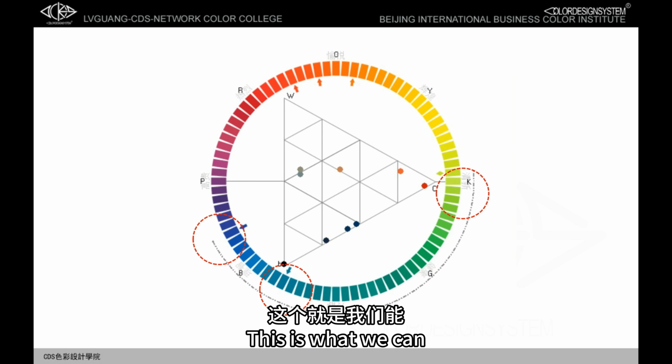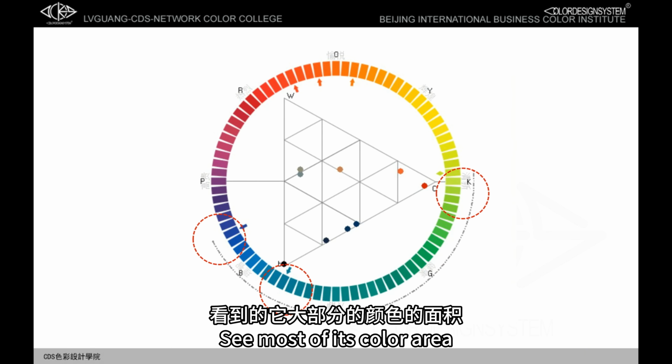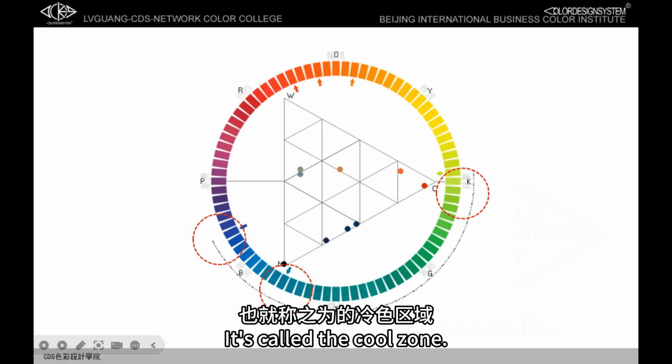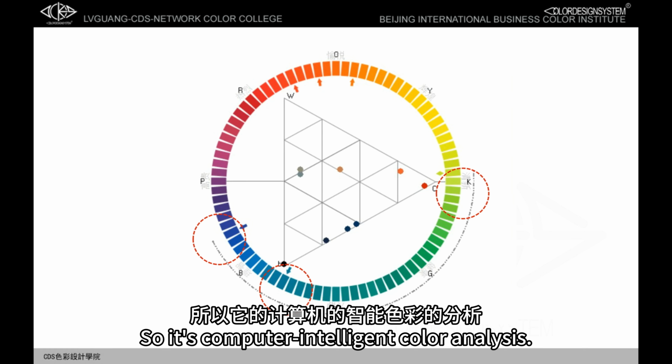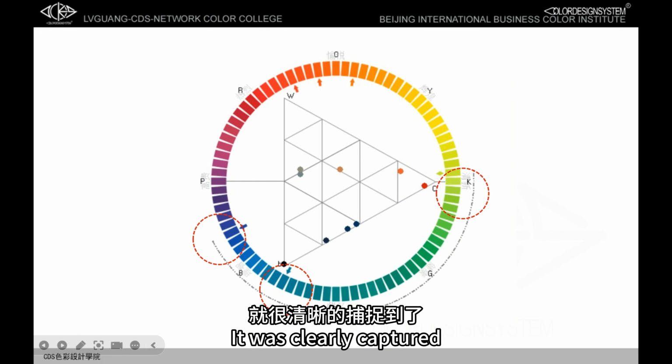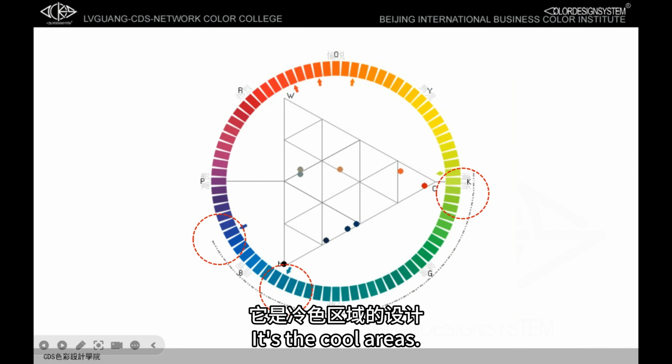This is where we can see most of its color area, mainly in what is called the cool zone. So it's computer intelligent color analysis, and it clearly captured the cool areas.